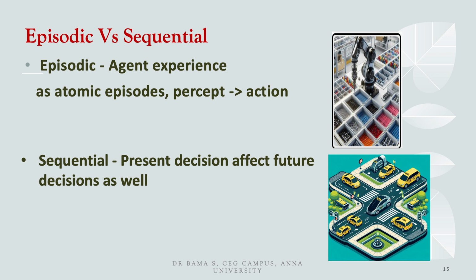If it does the next action of picking up some other part, the two actions are not in a sequence; the second action need not depend on the first action. This is the episodic type. Whereas in the sequential type, the example again is the automated taxi driving environment, where one action depends upon the previous actions as well.